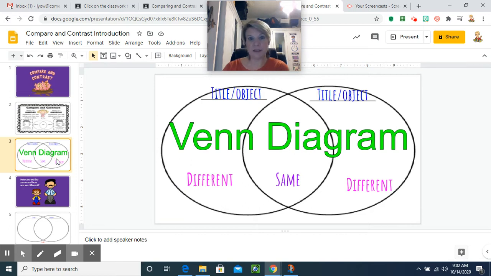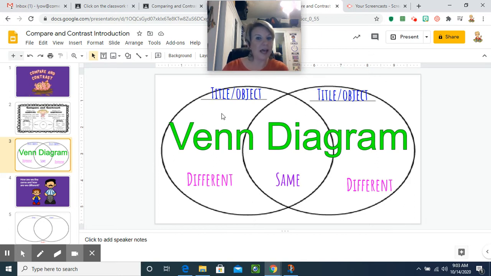Remember, when we contrast, we're telling how things are different. So if I'm telling something about a story or an object and it is not the same as my other story or object, I'm going to put it in the circle that goes along with that story or object. If something is different about the first thing and it's not the same as the second object, I would put it somewhere in this circle, but not in the middle, because the middle means that those things are the same.